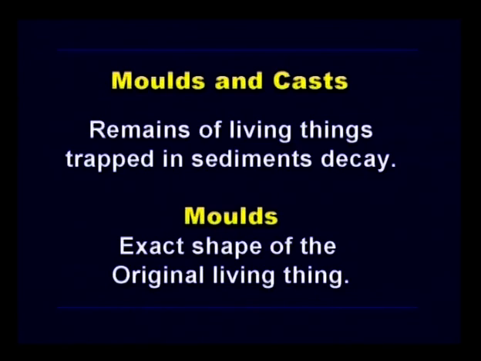We have already learned about sediments and how sedimentation takes place. So this is where remains of living things get trapped. And molds are the exact shape of the original living thing, whether it's a shellfish or fish.